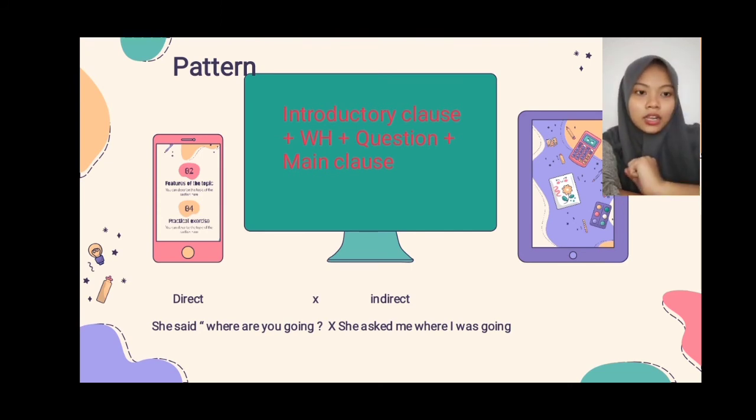And then, "Where are you going?" Going is present continuous. It is changed to past continuous. So, I was going. Okay.